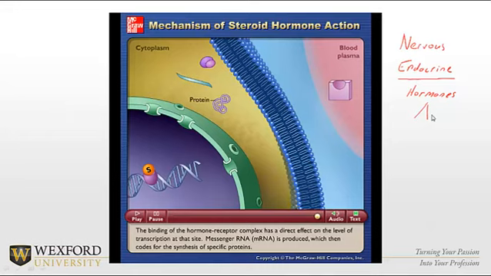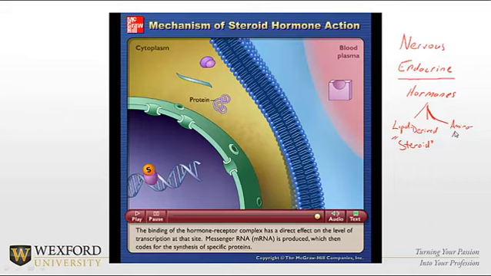We have some classes that are known as lipid-derived. Remember, lipids are hydrophobic, so they're lipid-derived hormones. The vast majority of those are steroid hormones. And then we have amino acid derived.